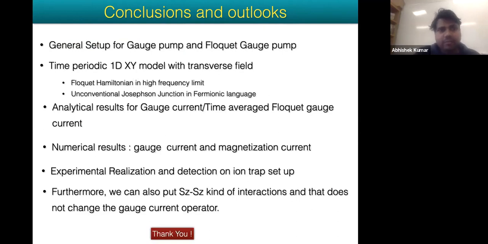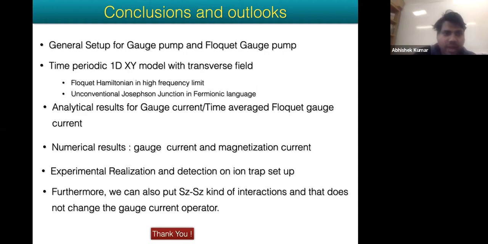So I have described the general setup for the gauge pump and Floquet gauge pump, and then I took a time periodic 1D XY model with transverse field. There I obtained the Floquet Hamiltonian in the high frequency limit. When that Hamiltonian is written in terms of the fermionic language, we get an unconventional Josephson junction.